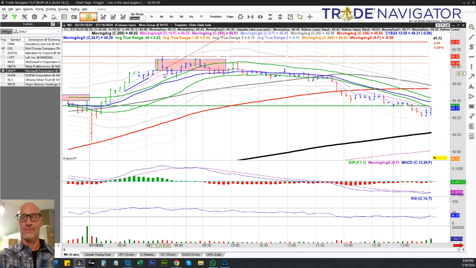Now, when you break market structure from the upside to the downside, that's when I want to start shorting, but not right away. I want to short when it checks back. When it breaks structure to the downside, very often it will have a little bit of a counter rally before you have the bigger move down. Same with breaking downtrends.